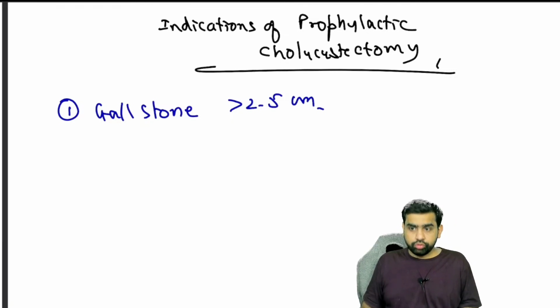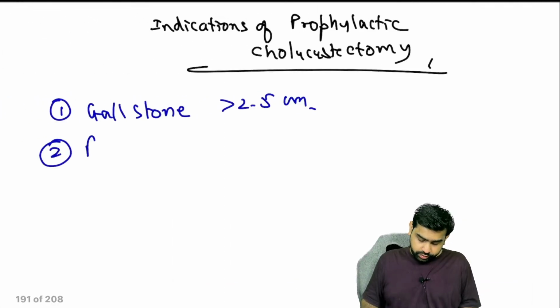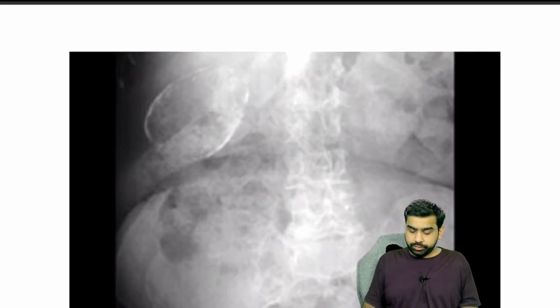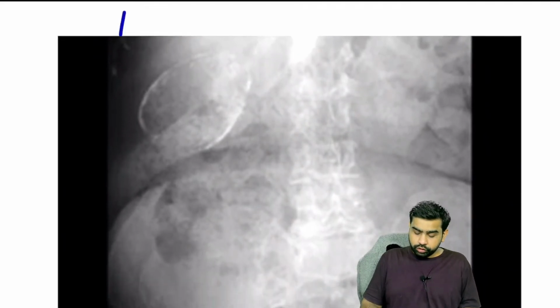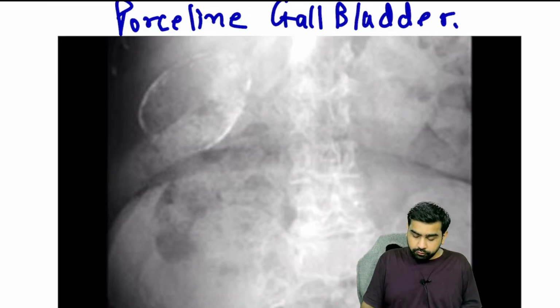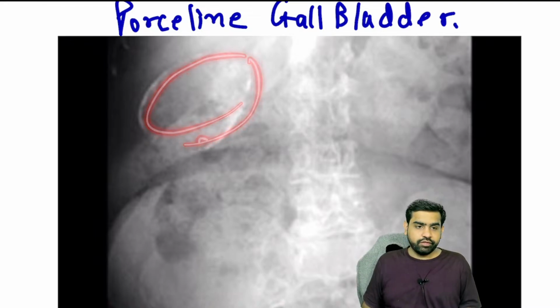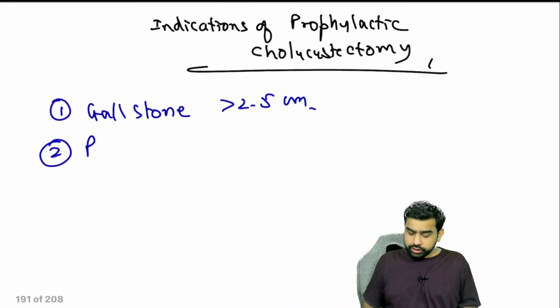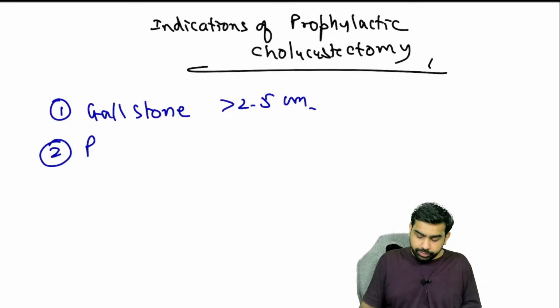Gallstones more than 2.5 centimeters, or let's say there is a, what is the diagnosis over here? What is this image? This is a porcelain gallbladder. What do you understand by porcelain gallbladder? The wall of the gallbladder is calcified, right? So this is called a porcelain gallbladder.